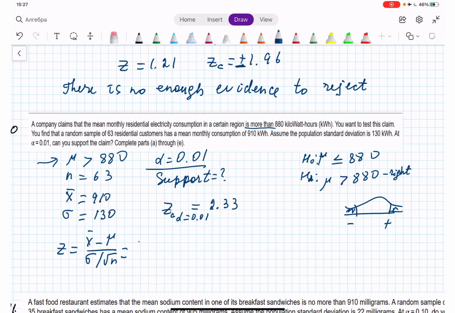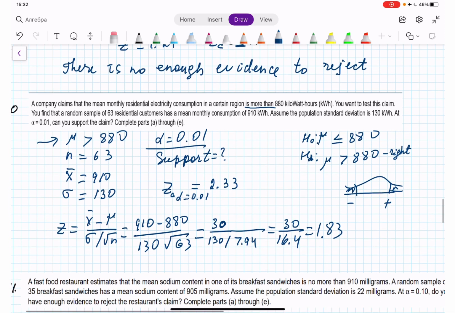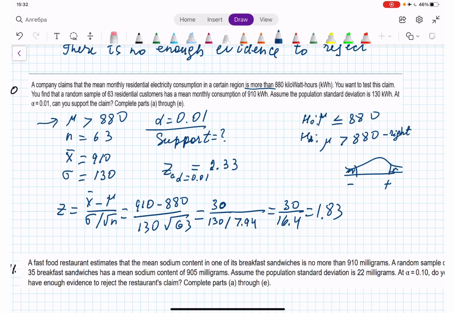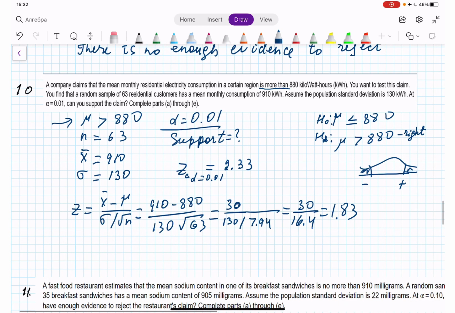That is 910 minus 880 over 130 divided by the square root of 63. I did the math and got a standardized test statistic of 1.83. I compare it to the critical value, 2.33, and we have right tail.